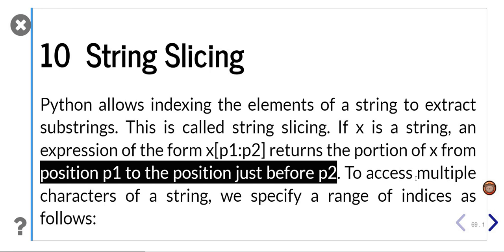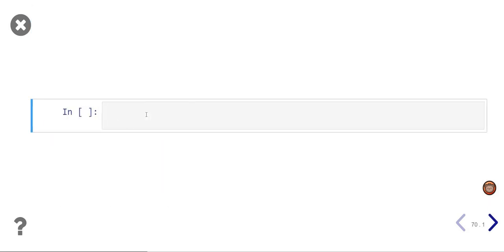If you want to access multiple characters of a string, which means you want to slice it, just like how we did before when you took out every single character, we can do as follows. We have already defined x as hello world just now.